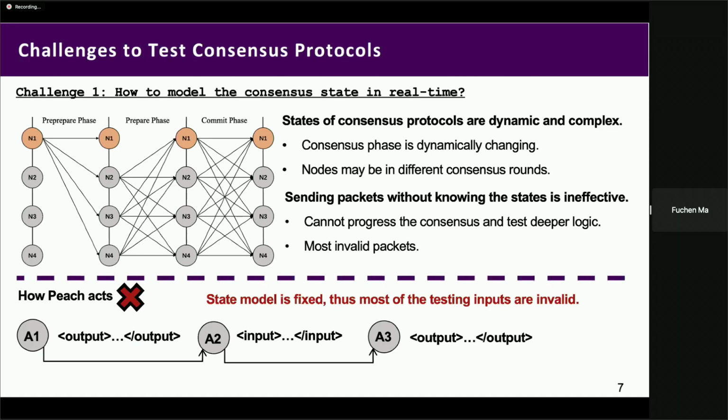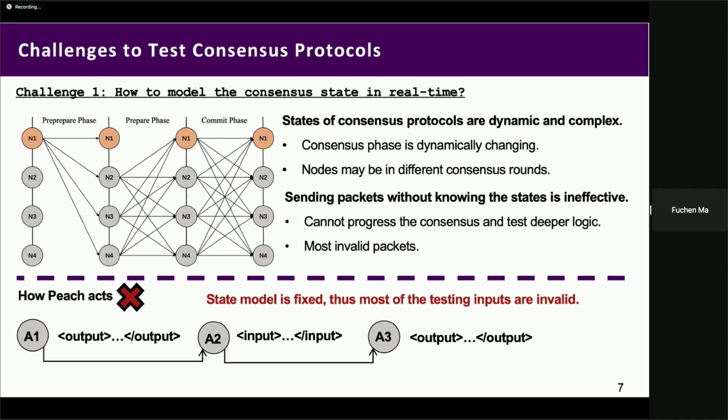For the first reason, states of consensus protocols are dynamic and complex, which means that the consensus phase is always dynamically changing, and the consensus nodes may be in different consensus rounds at the same time. In addition, sending packets without knowing the states is ineffective, and the target node cannot progress the consensus and trigger deeper logic.